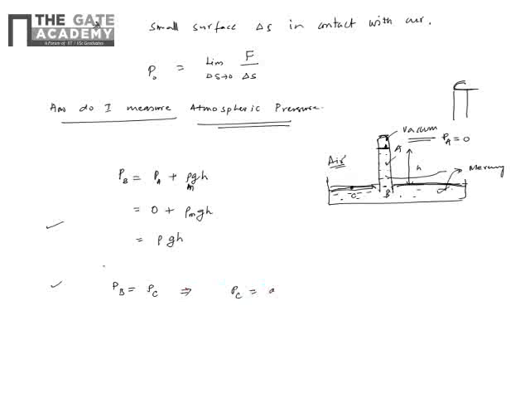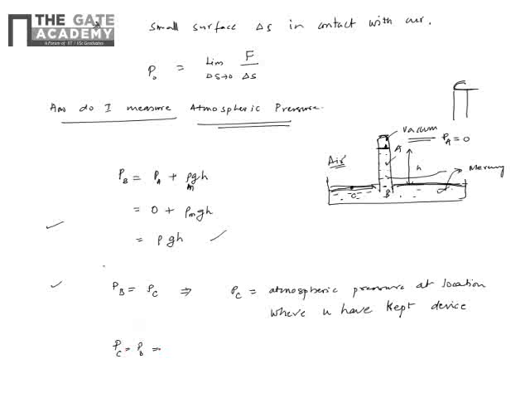So PC is nothing but the atmospheric pressure at that location, at the location where you have kept the device. So now from this I can say PB is rho GH and PC is atmospheric pressure.